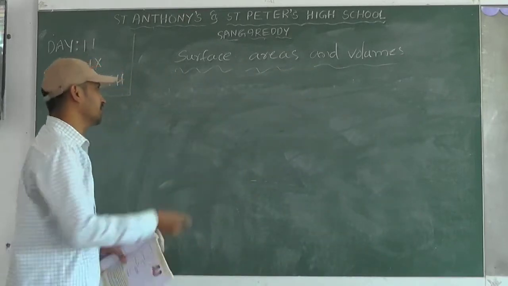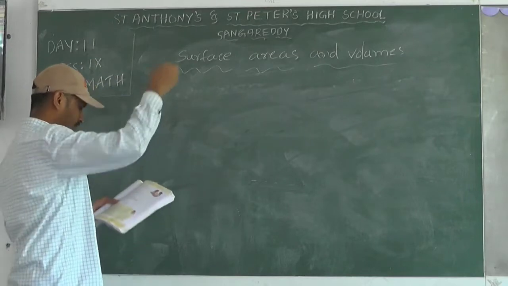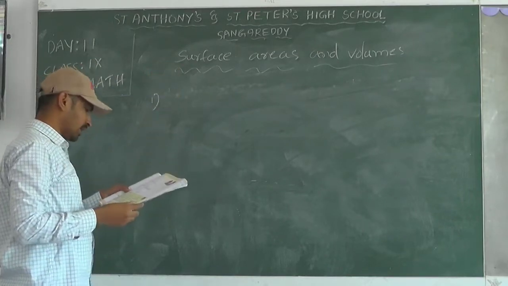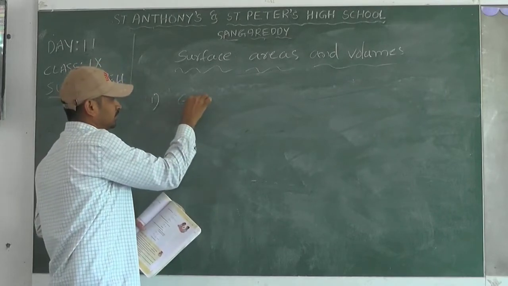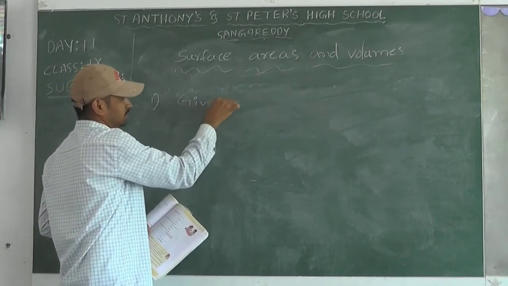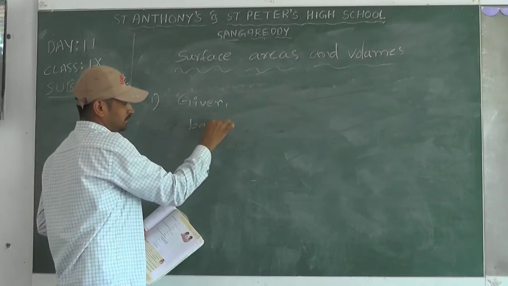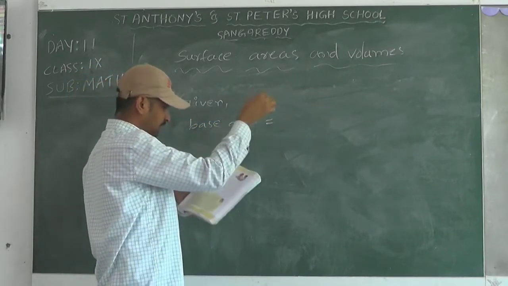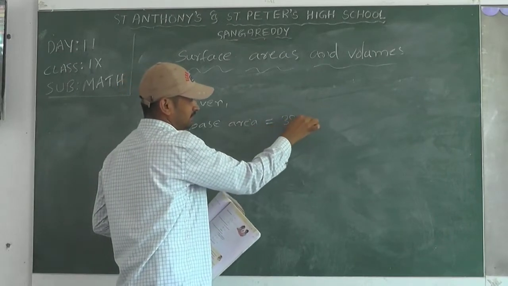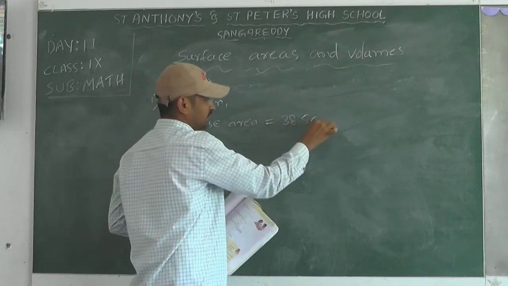See question number 1: the base area of the cone is given, base area equals 38.5 centimeters square.